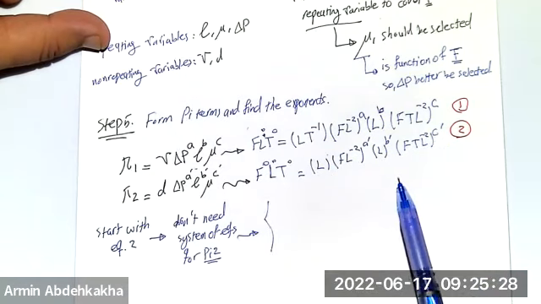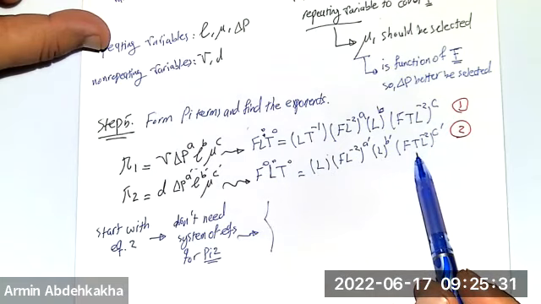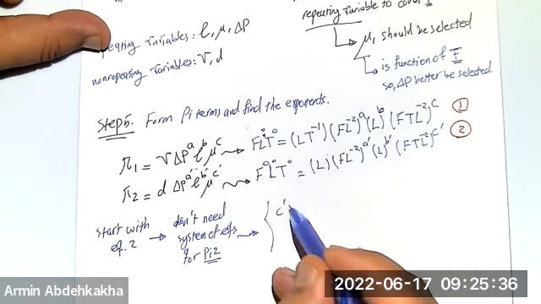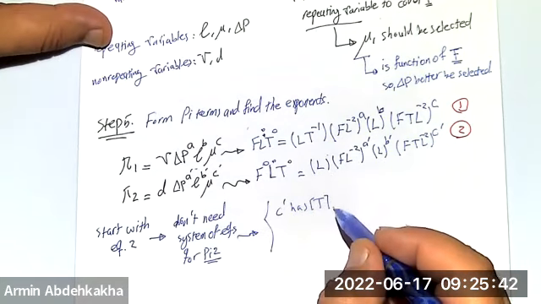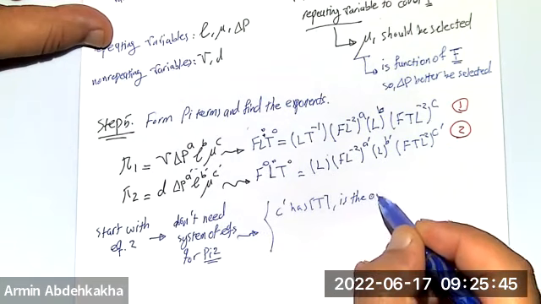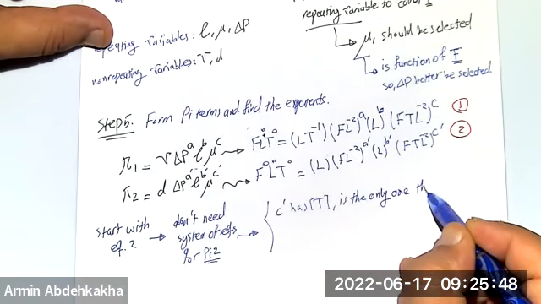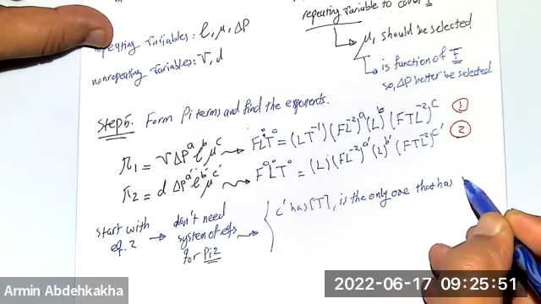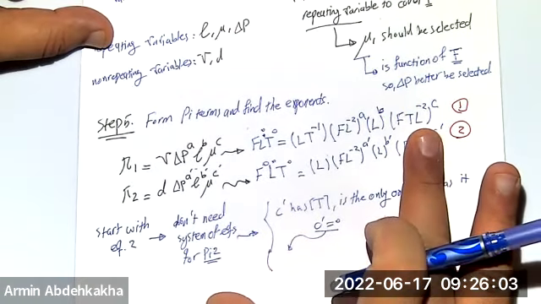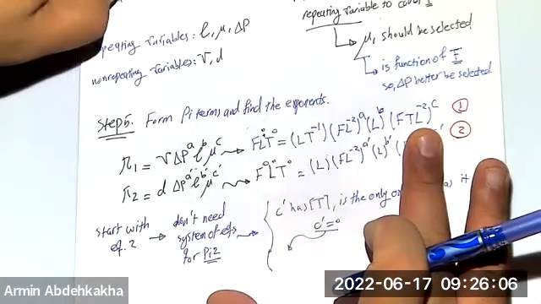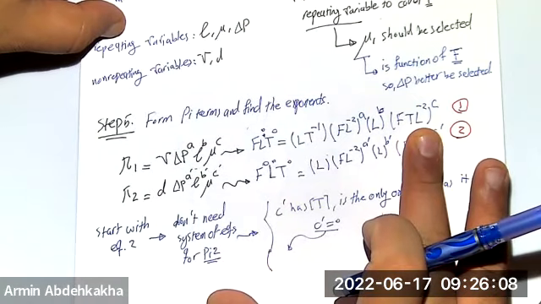The only term with the unique reference is this one, okay? C prime has T, and it is the only one that has it. So C prime should be 0, okay? By considering that C prime is 0, then you don't have this term, right? When you don't have this term, again, the only term that has F is the second term with A prime.